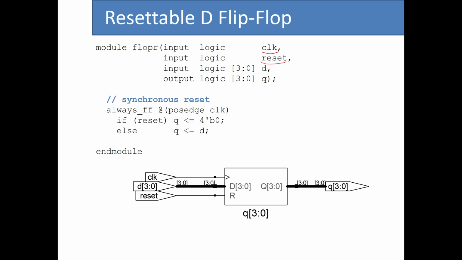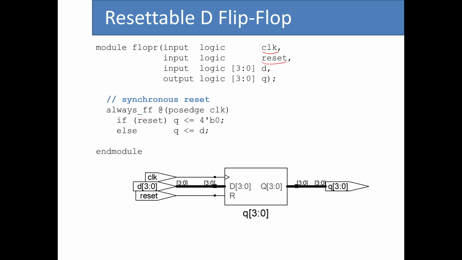If the reset signal is 1, that means we want to reset the flip-flop, which means the output needs to become 0. On the other hand, if the reset signal is 0, that is when Q gets the value of D. To do that, we use if-else statements inside the always_ff.